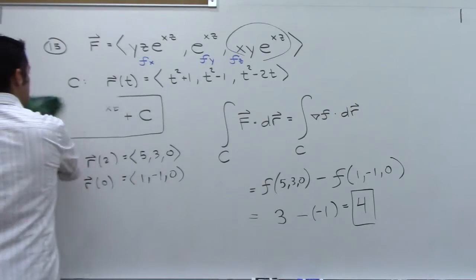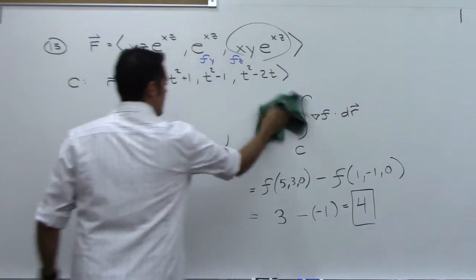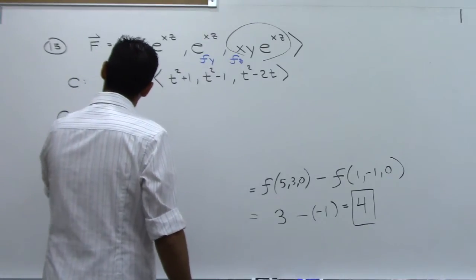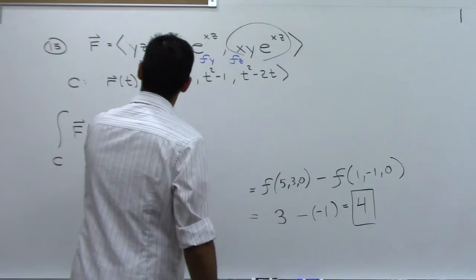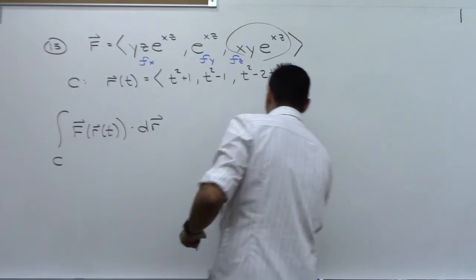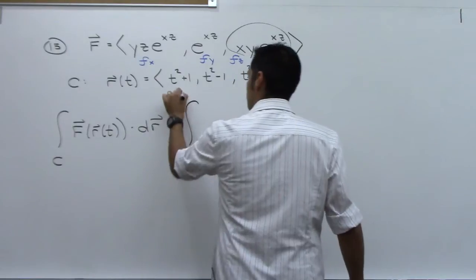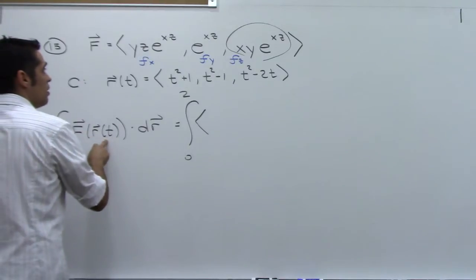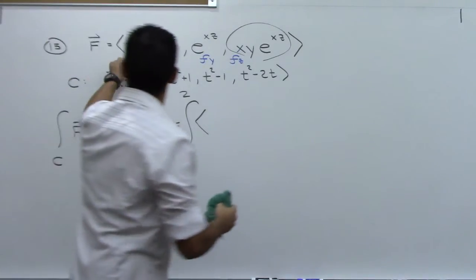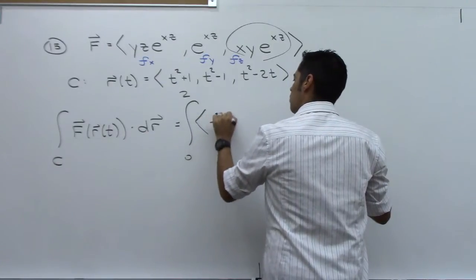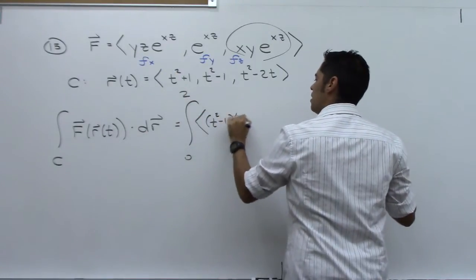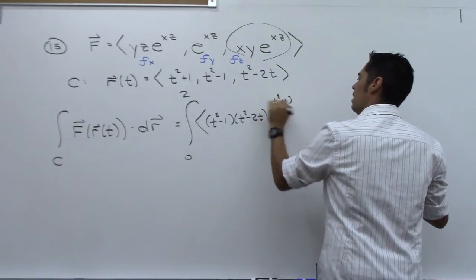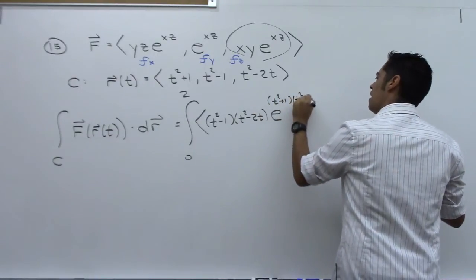So we're done. Just as an appreciation of how much work that saved us, if I had stuck with the original, which would have required us to turn this into this and not use the fundamental theorem of line integrals, we would have been integrating from 0 to 2 the f vector, but evaluated on the curve. So I would have done, let's see, y, which would have been t squared minus 1, times z, which is t squared minus 2t, and then e to the xz, with x being t squared plus 1, times z, which is t squared minus 2t.